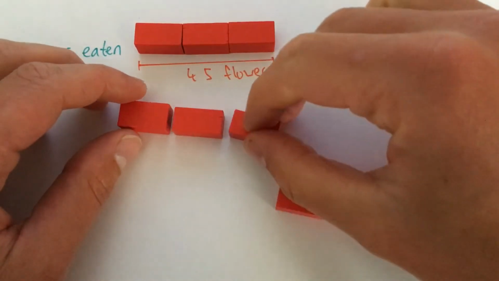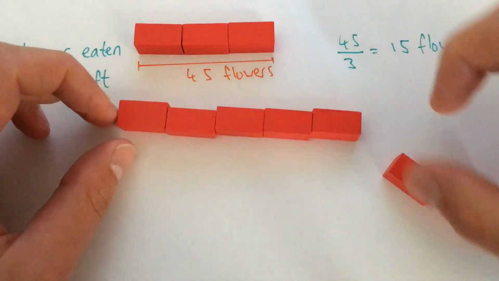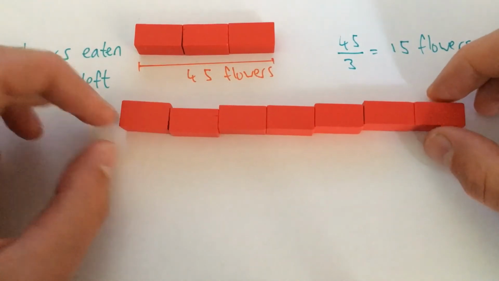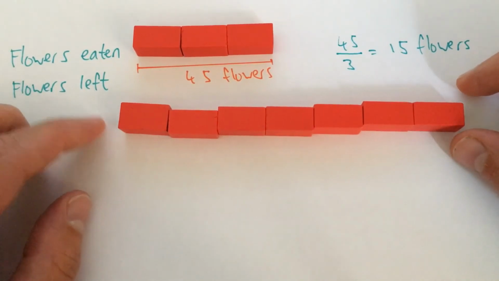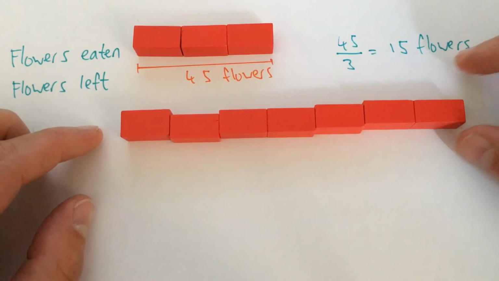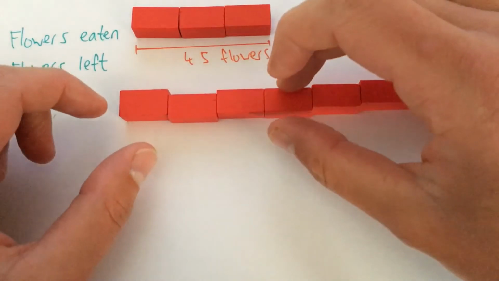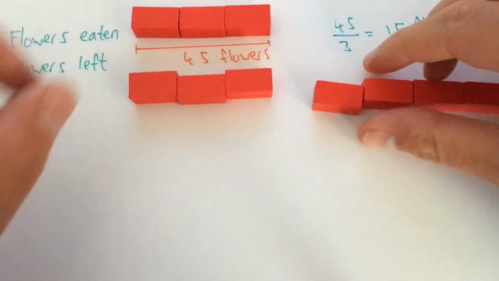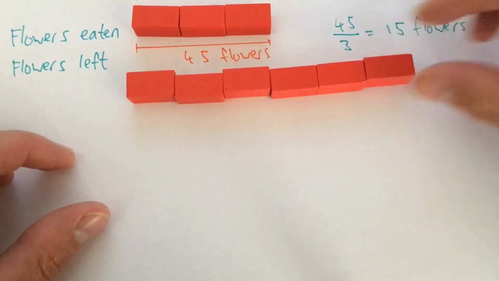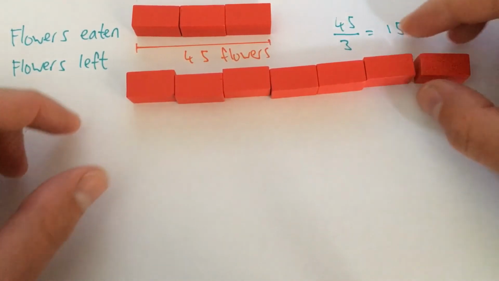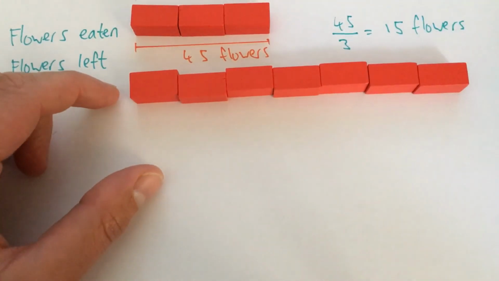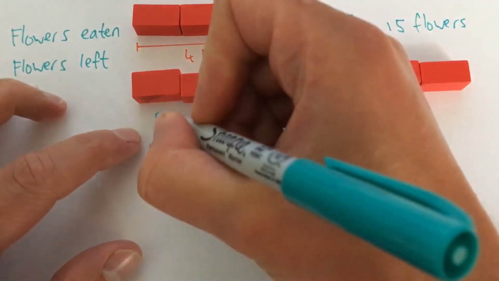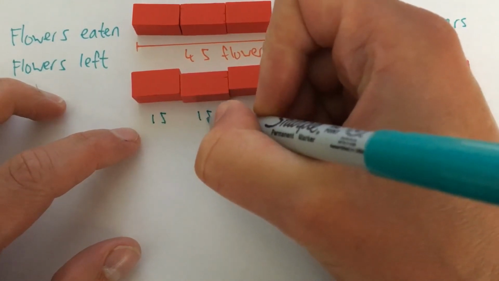So we had 7 blocks to represent the flowers that are left over. And remember, each block is worth 15. Well, we can see straight away that 3 of them make 45. There's another 3 there, so that's another 45, and then there's a 15 on the end. You might find it useful to write out the value of each one and then multiply it.